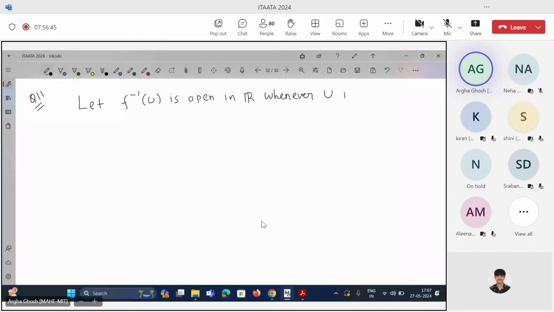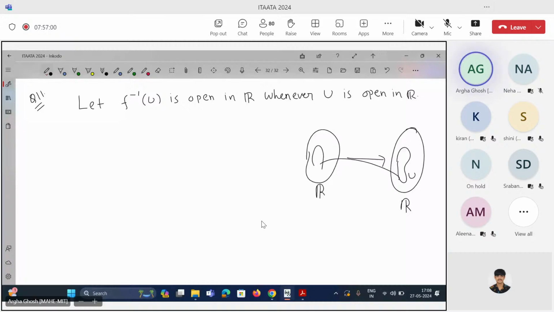So you have a function from R to R and you have an open set U. So the pre-image of that open set, this is f inverse U. You have to prove that for each open set U of R, f inverse of U is open over here. This is given. What you have to prove is that it is continuous at each point.